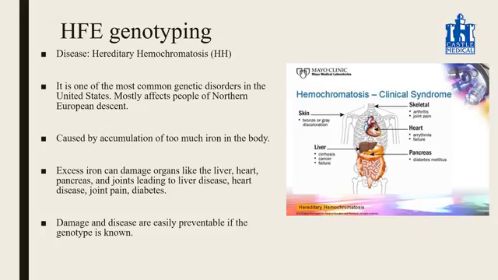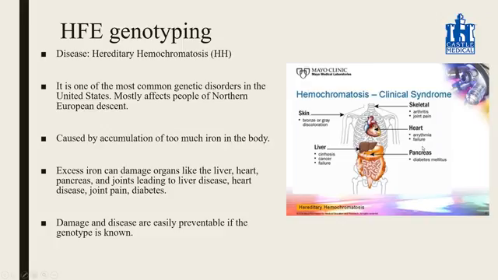HFE is a gene which regulates iron absorption in the body. If HFE is defective, you end up accumulating a lot of iron in the body, and excess of iron is not good. It can lead to damage of some of the organs. As you can see in this image, excess of iron in the liver can cause liver cirrhosis, cancer, and liver failure as well.